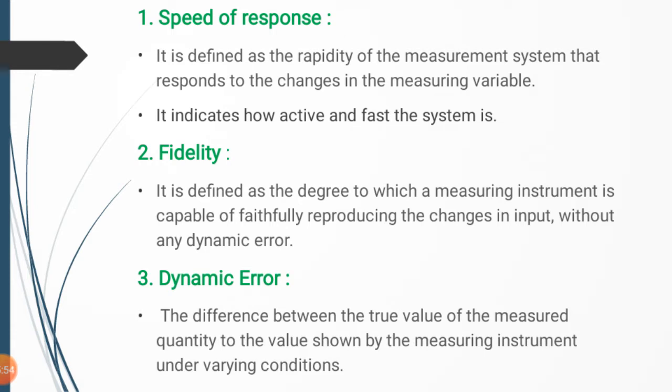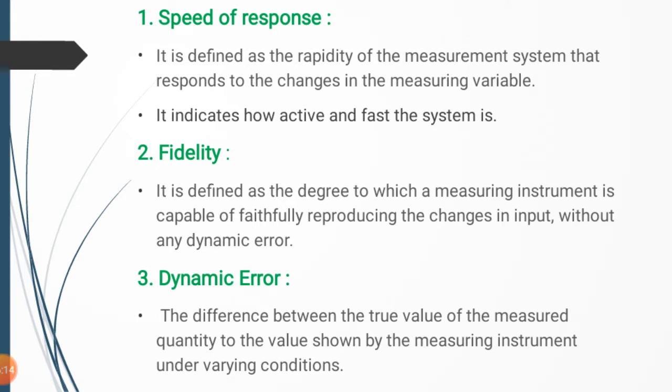So this is the dynamic error. The fidelity parameter is defined without any dynamic error. That means the ability of the sensor to reproduce the changes in the input without any dynamic error. This is the fidelity, which is also an important property of the sensor.